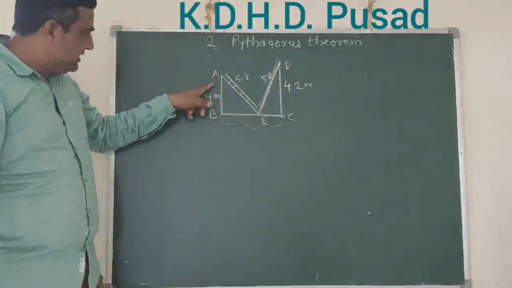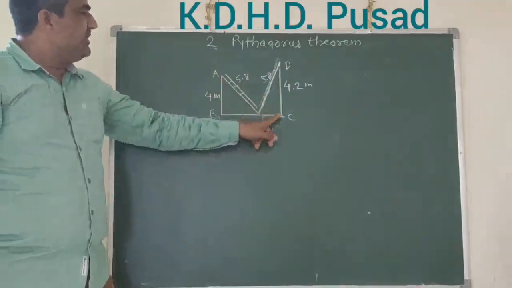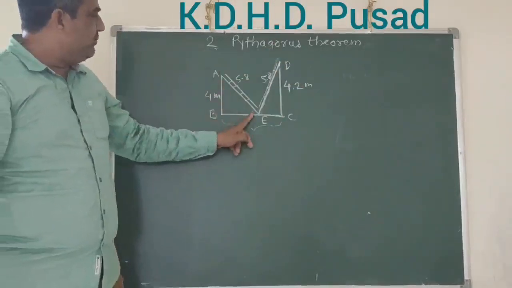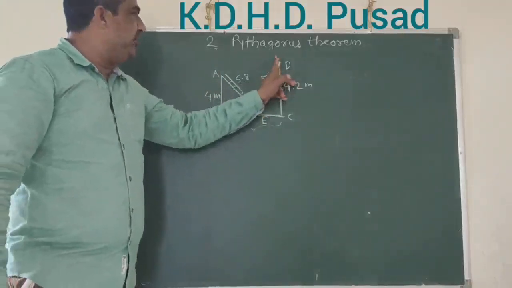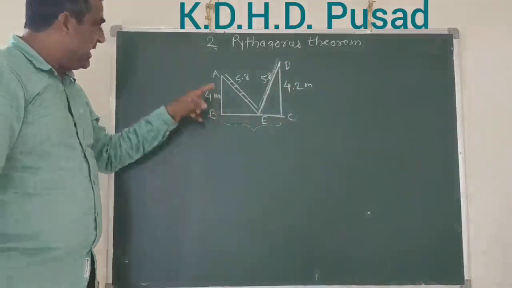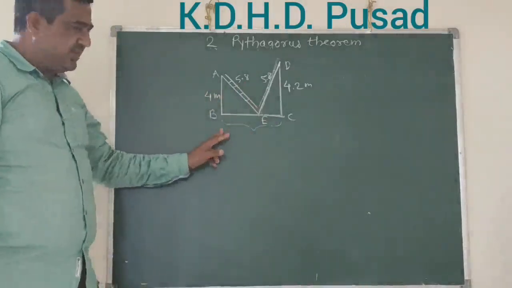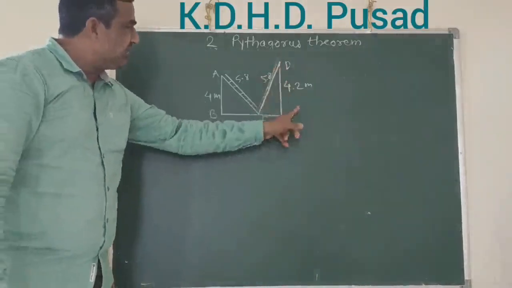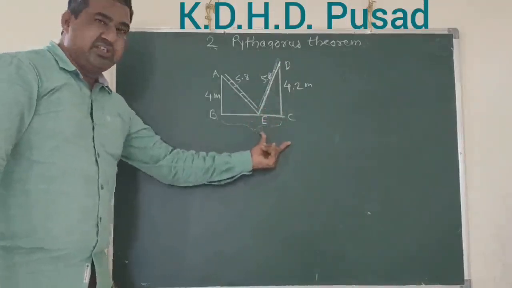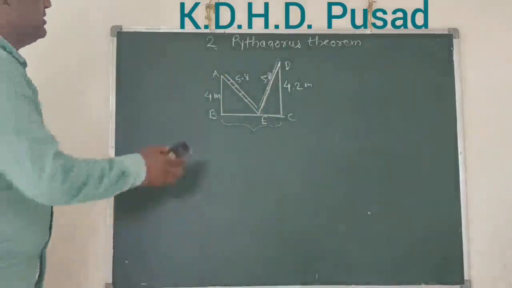So AB is wall of first building, AE is ladder, CD is wall of second building, ED is the same ladder, then AB 4, AE 5.8, ED 5.8, BC 4.2. In this triangle, use Pythagoras theorem as walls are perpendicular to the base. So directly use Pythagoras theorem, find out BE. In the same way, in this triangle, use Pythagoras theorem, find out BC, and then BE plus BC. That is the width of the road.